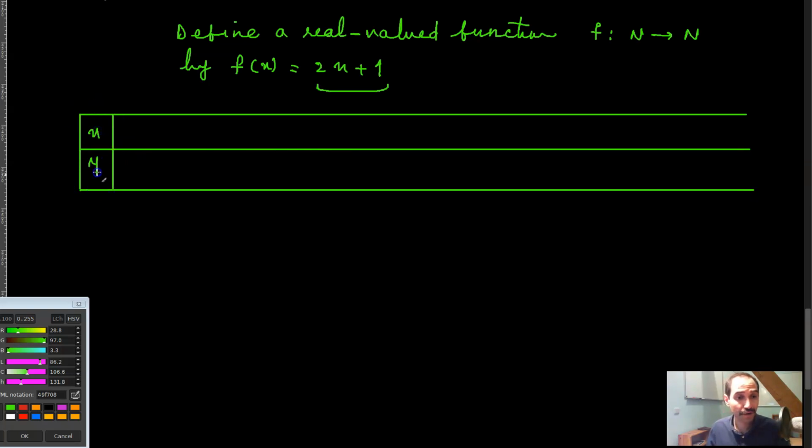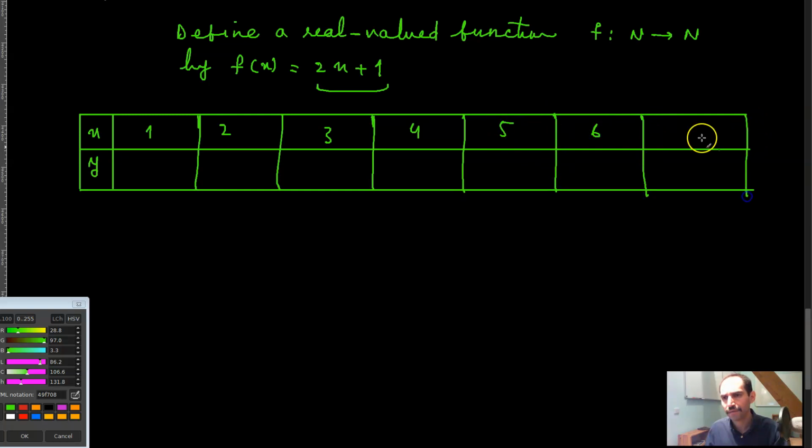So you have x and y here, and you have 1, 2, 3, all the way up to 7 for x. If we know that f of x equals 2x plus 1, then if x is 1, this becomes 2 times 1, which is 2, and 2 plus 1 is 3.